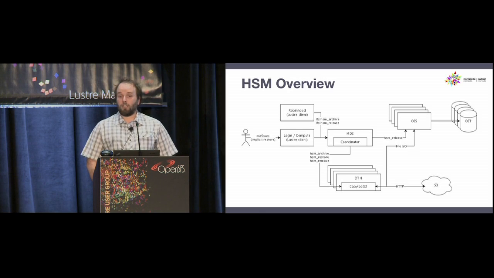And then you have the Copytools, which just register with the coordinator on the MDS server and will receive HSM action items to act upon. And past that point, the Copytool is just a basic data mover moving data between two storage systems. In our case, part of it is done over POSIX for Lustre, and the other part is done over S3 to interact with the object storage.